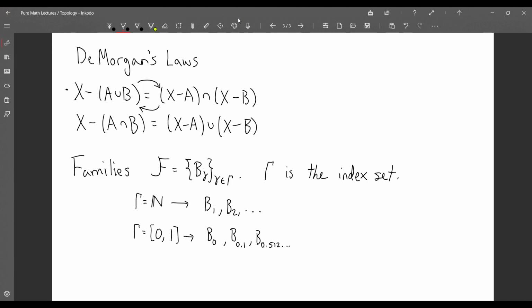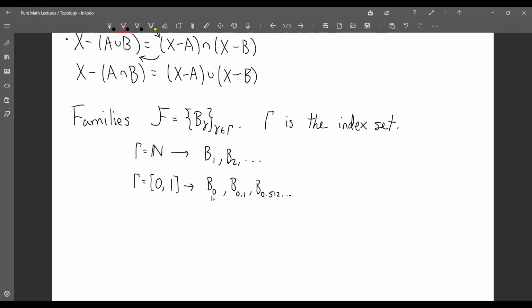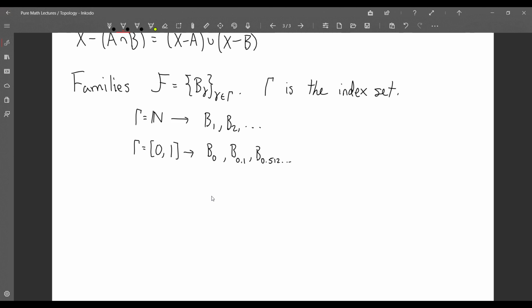It doesn't really matter. We would have one set for each element in this interval, which is uncountably infinite, so that's a pretty large array of numbers, and thus a large array of sets.